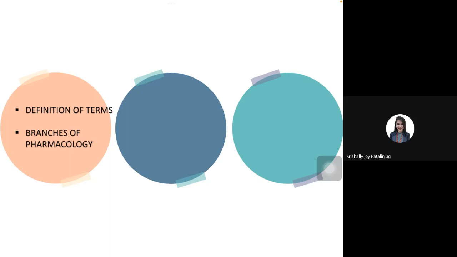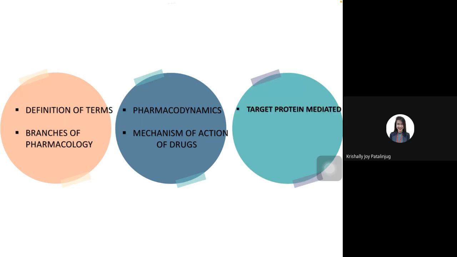We'll also review about branches of pharmacology, focusing more on pharmacodynamics. Under pharmacodynamics, since it talks about drugs effect, we'll discuss the two general ways how the drugs produce its effect. So we have the target protein mediated and those non-protein targeting.